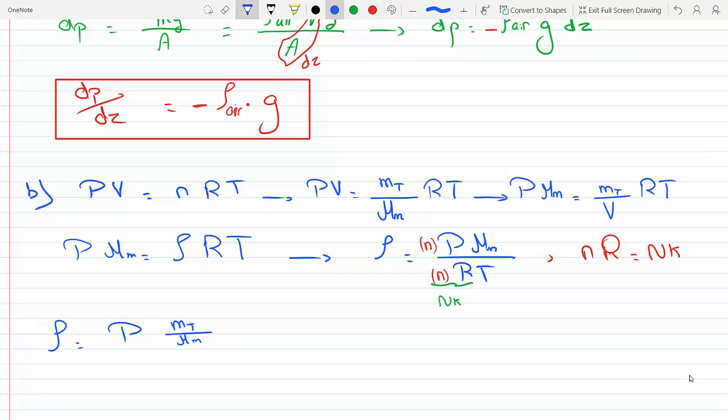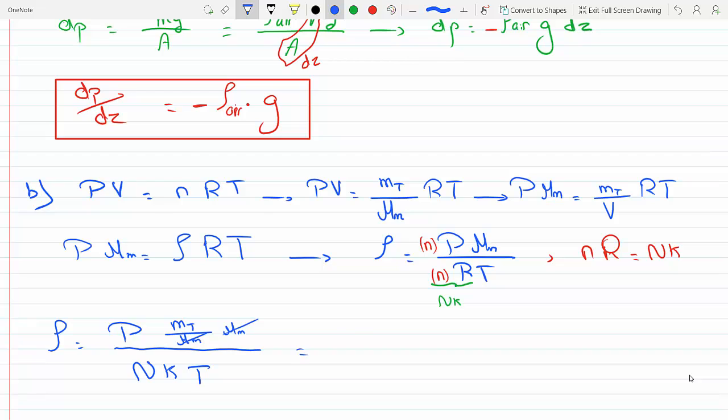That's what the number of moles is. And then here I have the molar mass, so these two would cancel out. Now I can replace small n times R with capital N times k.